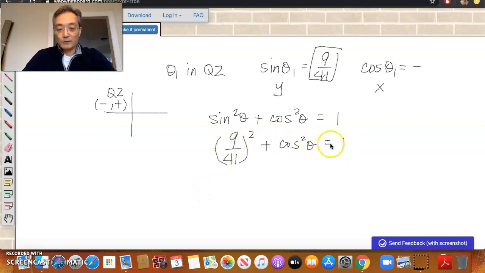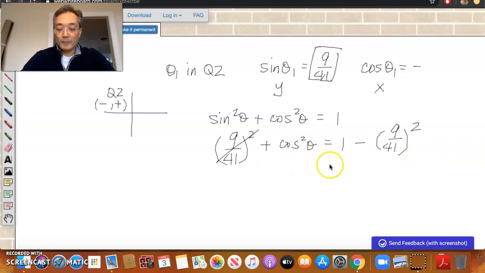All right, and if we subtract from both sides, this is going to come over as minus 9 over 41 squared, correct? So cosine squared of theta is this. Let's work this out first, see what this is.